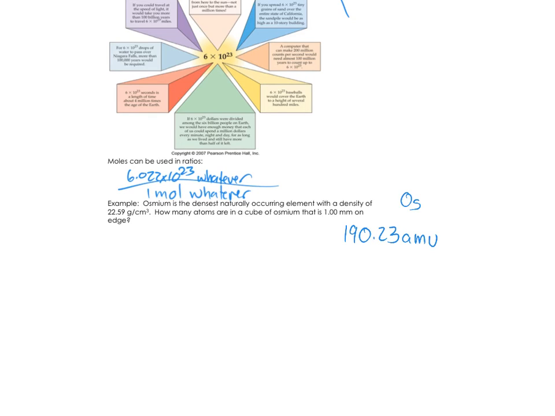Well, we can scale this up because this is per atom. That's kind of useless to us. What we could do instead is say 190.23 grams per mole. And so the number on the periodic table effectively tells us grams per mole, and it's a ratio that we can use. So I have 1.00 millimeters, and I need to cube it. Well, that was easy.